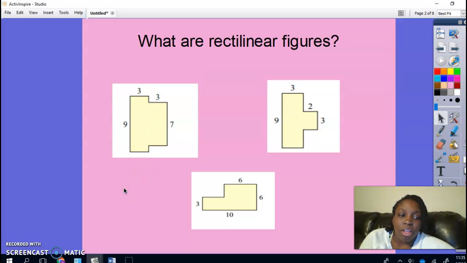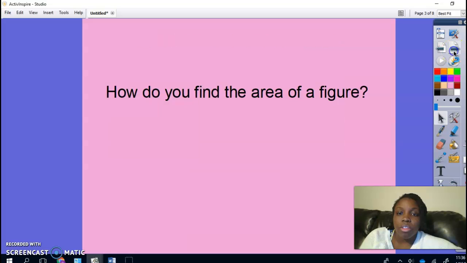So the question is, what is a rectilinear figure? You should know a rectilinear figure is a figure that is not even on all sides. They're an irregular figure. So what we're going to do is find the area of rectilinear figures. But before that, how do we find the area of a figure?